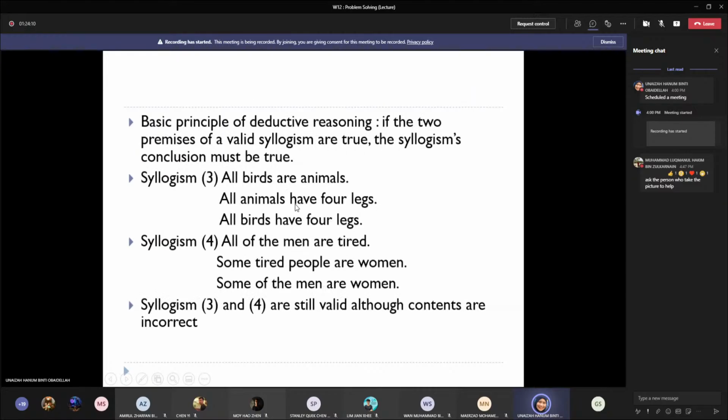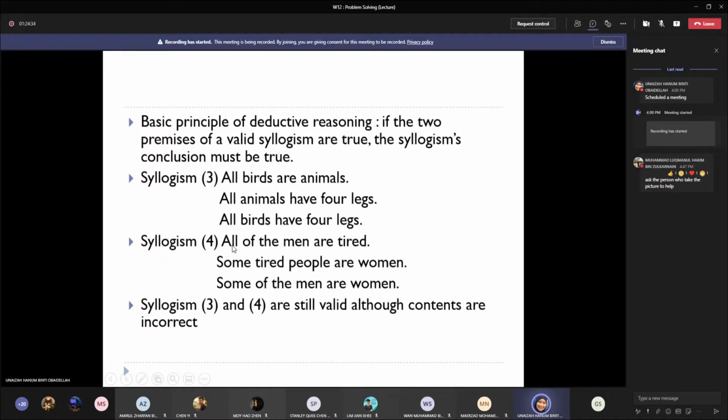This is one example. Another one that we can say: you can have two premises of a valid syllogism that are true, and the conclusion must be true. So you say all birds are animals, all animals have 4 legs, all birds have 4 legs. Is it true? I think we have seen birds with, say, 2 legs, right? And most birds have 2 legs.